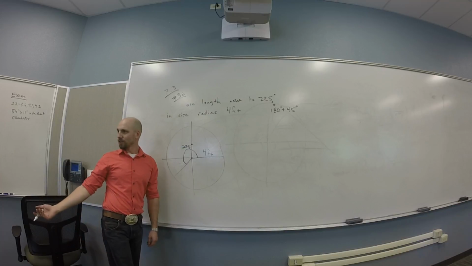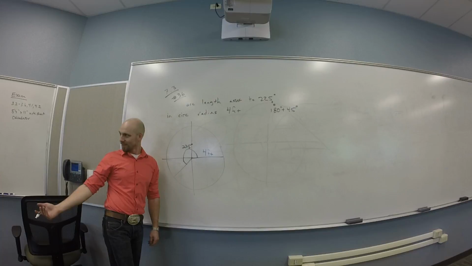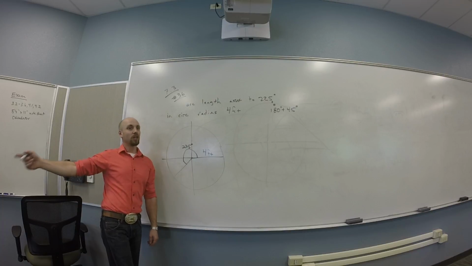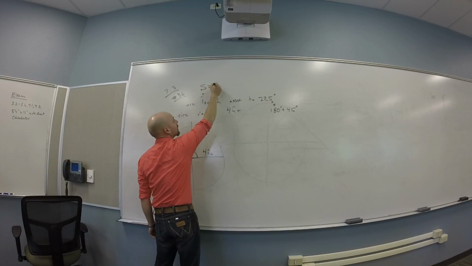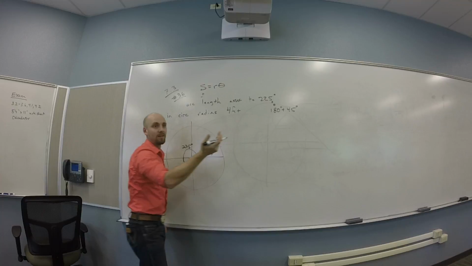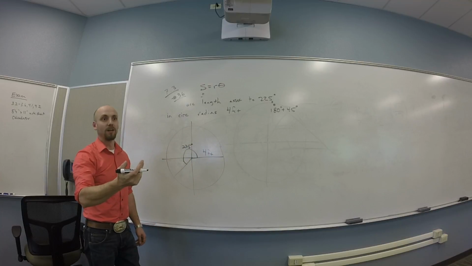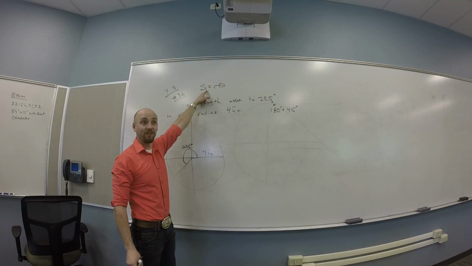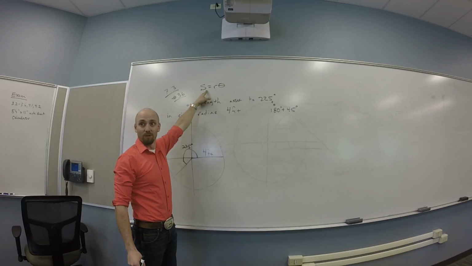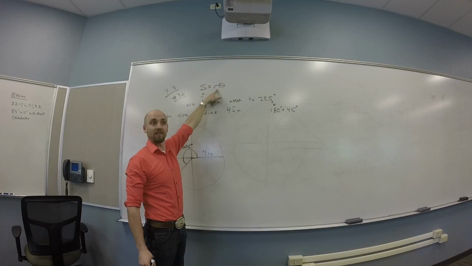So why are you converting to radians? Because the formula for sector length only works in radians. Good. So I'm thinking arc length, which clues me into s is r theta. I would like my units on arc length to be feet. What are the units on the radius?